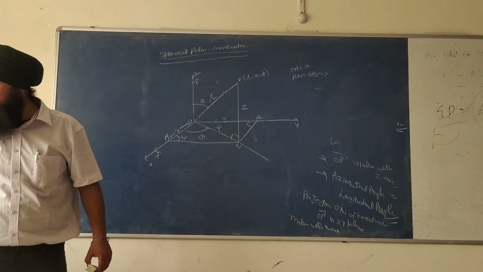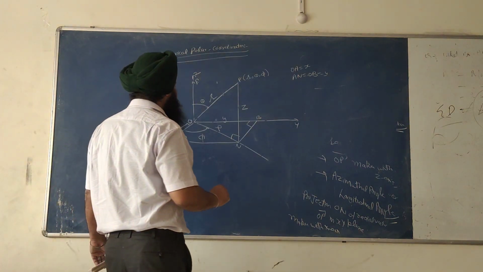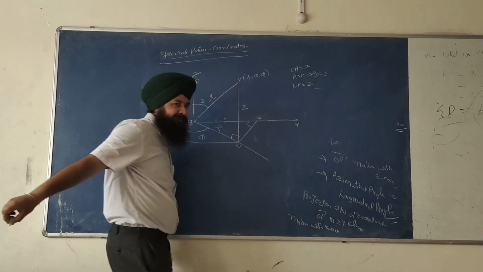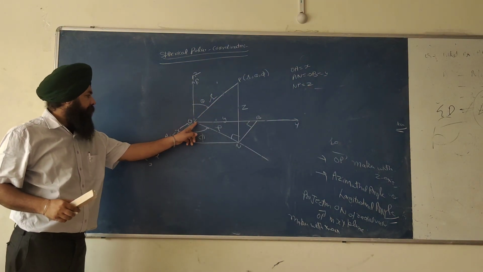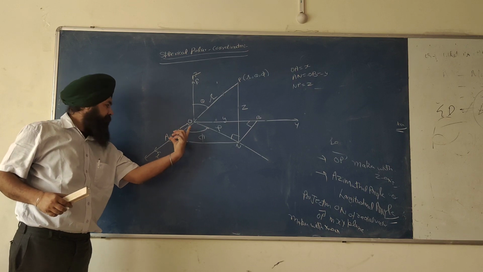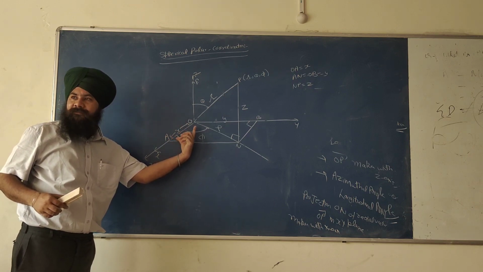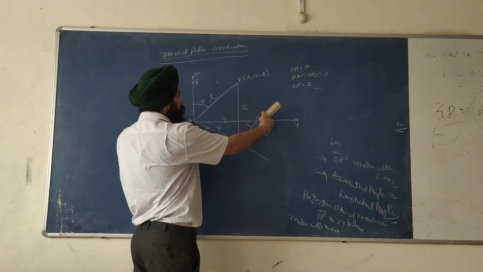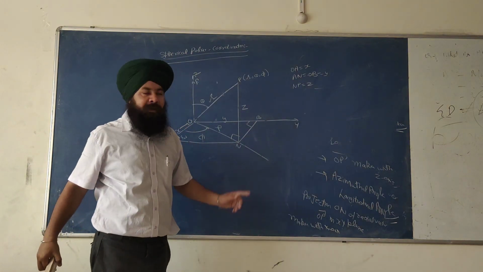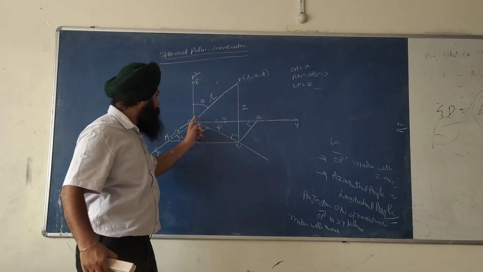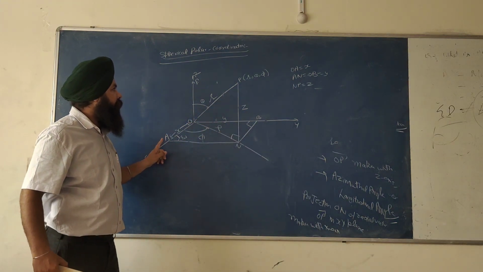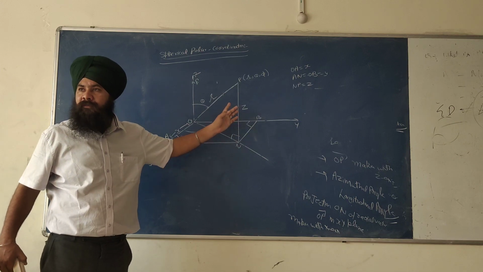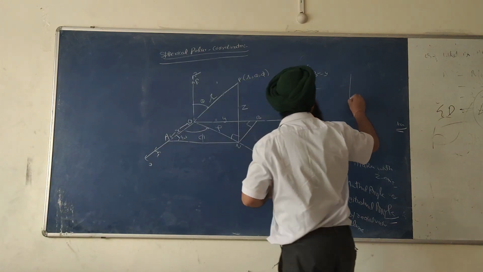Okay, and NP is equal to Z. Are you getting this? See, this OA is equal to x in Cartesian coordinate system. This OB is equal to y. OB and AN are one and the same thing because of the perpendicular, like a rectangle.